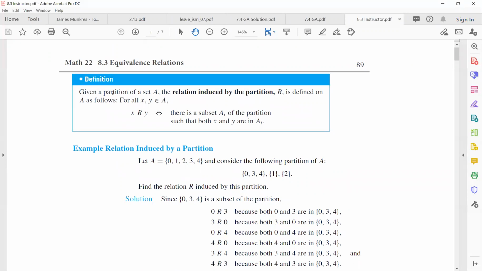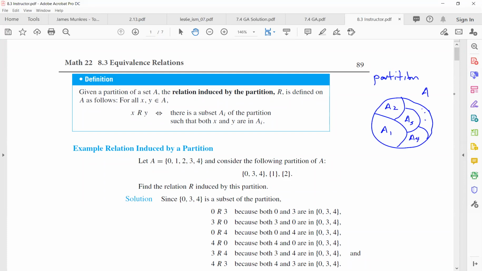First of all, remember that a partition of set A includes subsets of set A that have nothing in common: A₁, A₂, A₃, A₄, and so on.